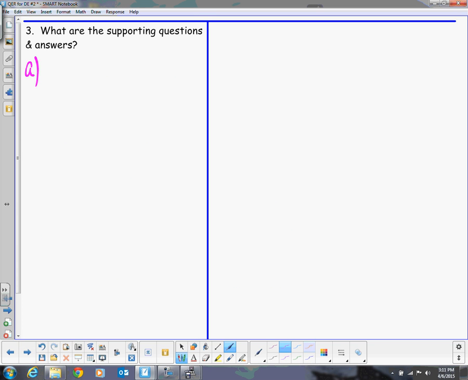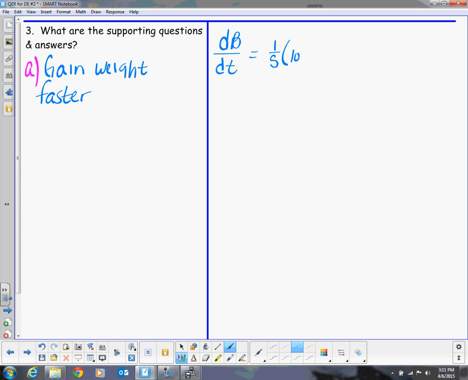The beauty of this is that they gave us the derivative. We don't even have to find it. It's 1/5 times 100 minus b. Now, this is no calculator.